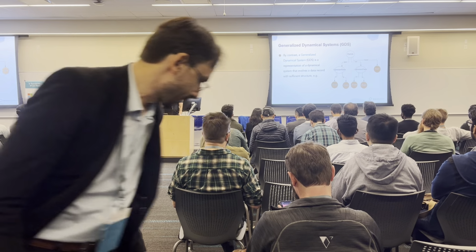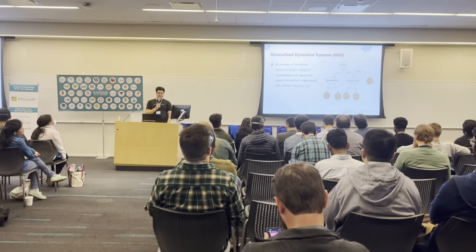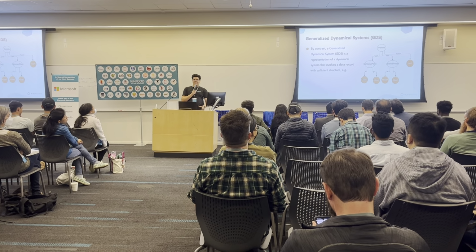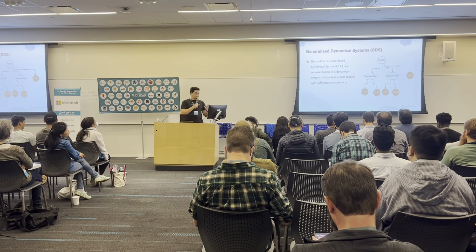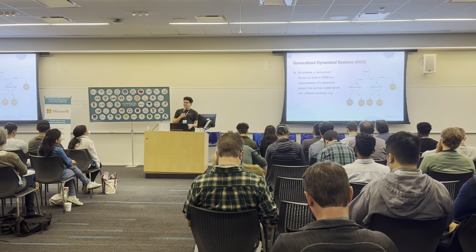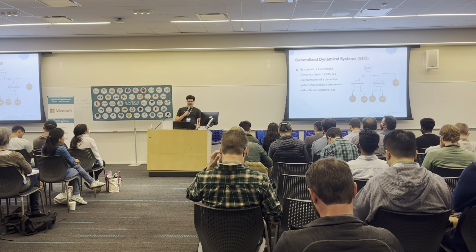Then we went a step forward, and now we have generalized dynamical systems. Instead of having a system that involves a real number or a set of real numbers, we now have a generalized version of that theory that deals with the evolving of a generic data record.